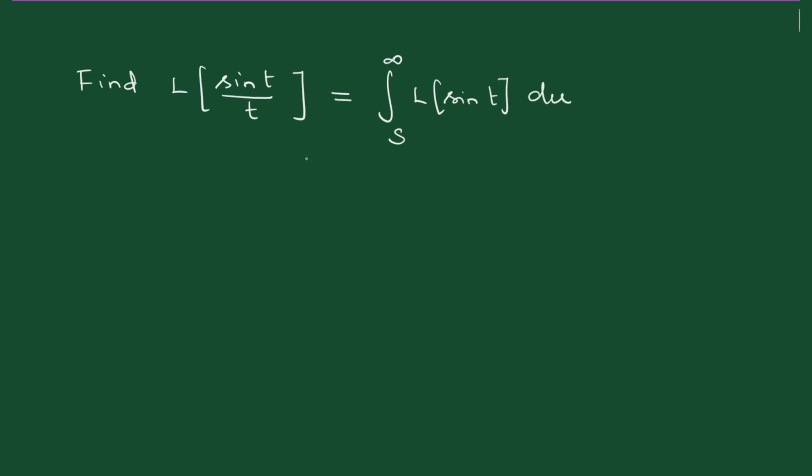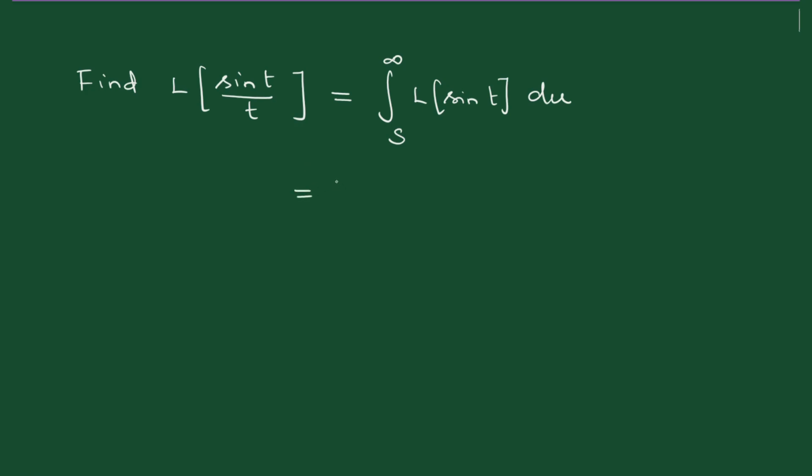Next question is find L of sin t by t. So L of sin t by t can be written as integral s to infinity L of sin t into du.